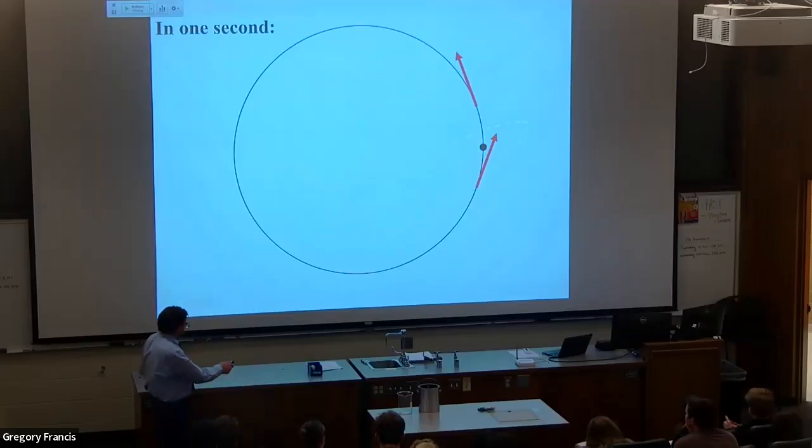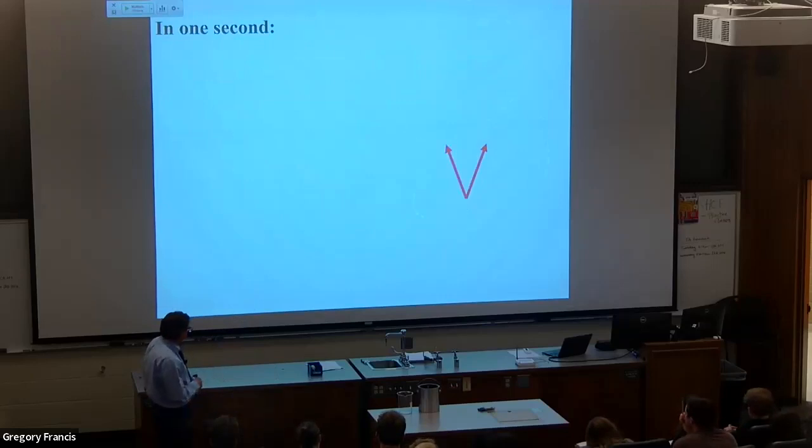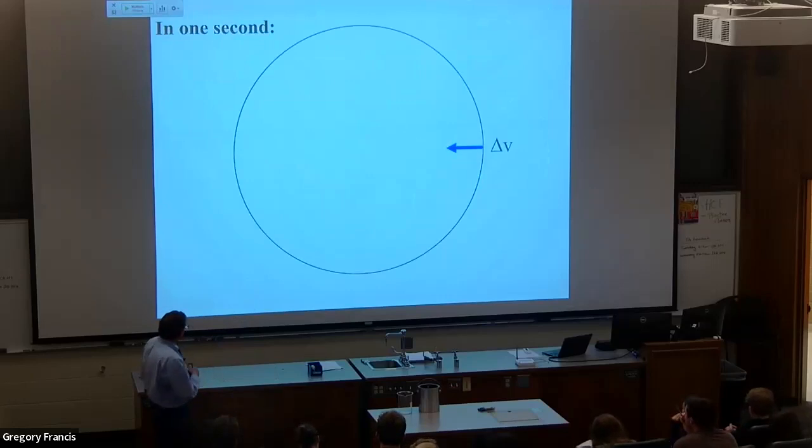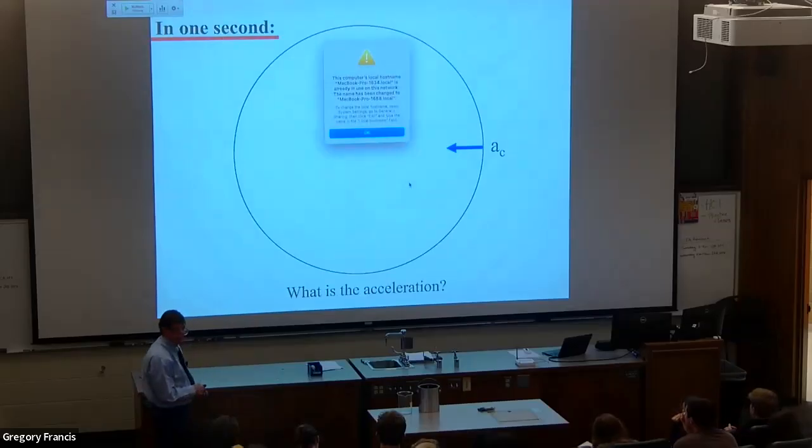All we cared about was that this vector changed into that vector. And we got the formula v squared over r. And because that change happened in 1 second, that was the centripetal acceleration.